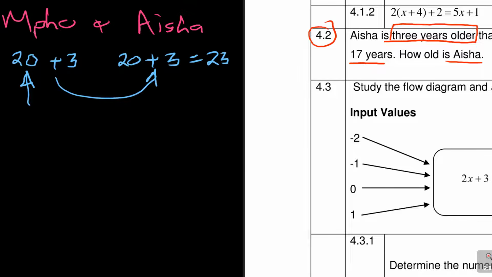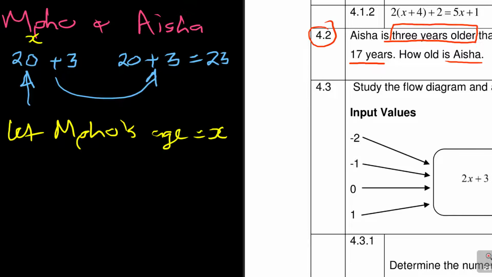So now, since we don't know their ages, we can say, let's start with Paul. Let Paul's age be equal to X. We don't know Paul's age, so let his age be X. So as I said, here, if the age was 20 years, we added 3 and then we got Aisha's age.